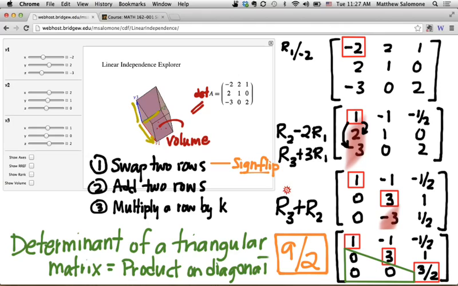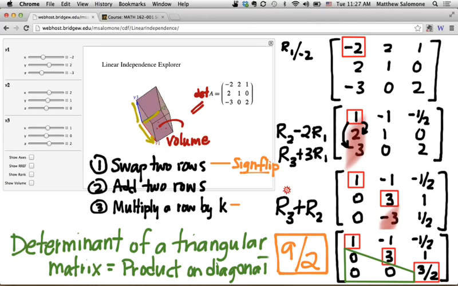How about multiplying a row by a constant? The other group kind of looked at this, except in your group you ended up multiplying the entire matrix by a constant. You multiplied your entire matrix by 3. What happened to its determinant? I think you multiplied by 9. Right. So your 2 by 2 matrix, when you multiplied the whole thing by 3, the determinant went up by 3 times 3. The reason for that is that the determinant is a linear function not of the matrix, but of the rows of the matrix, or the columns, if you like to think of it that way.